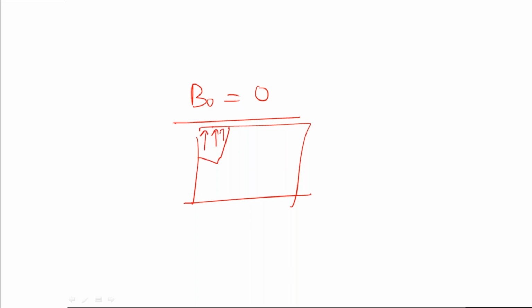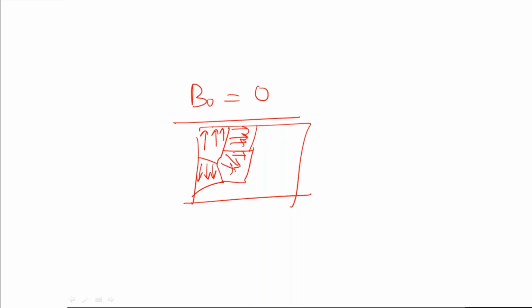These domains, as you might have noticed from what I drew, some domains will have a net dipole moment in this direction, some in this direction, some in this direction, and some may have this direction.